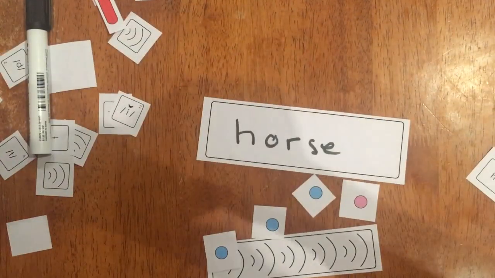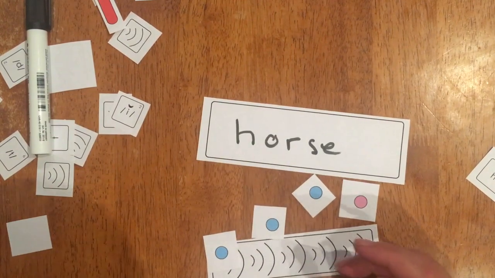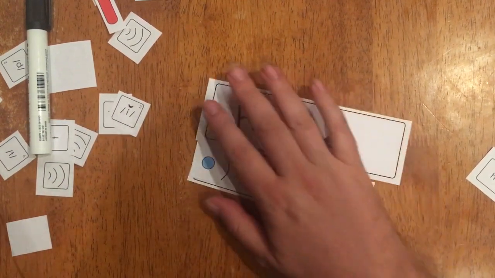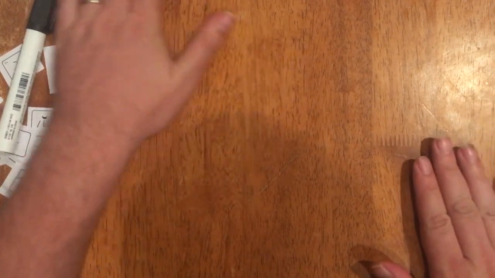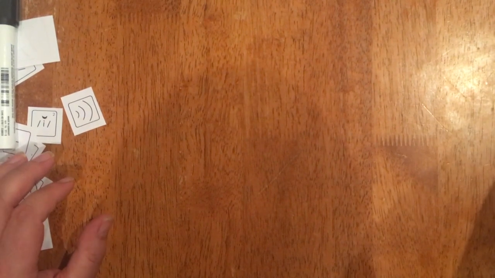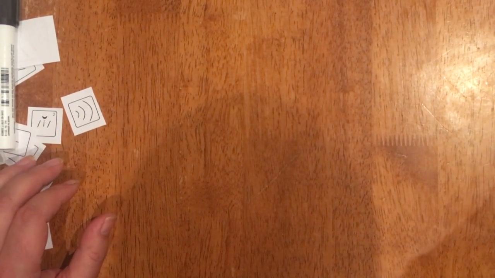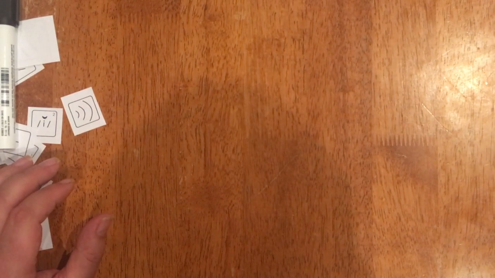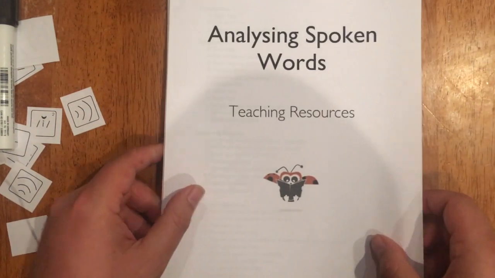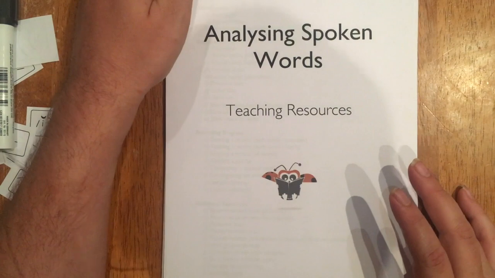Okay, so without further ado, I'll take you through some of the related resources that are also available for download from the YouTube description, or on the Literacy Bug website. So there's one file called Teaching Resources.